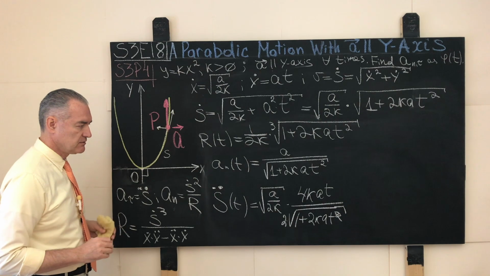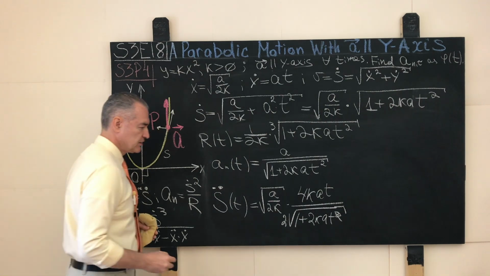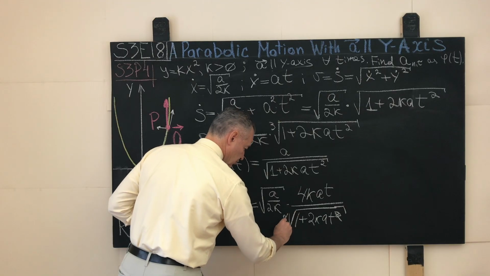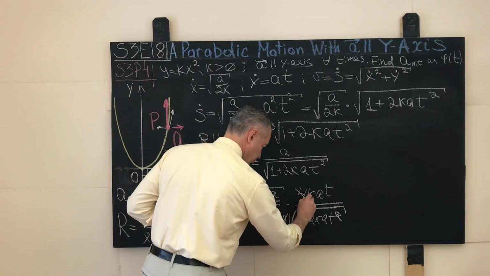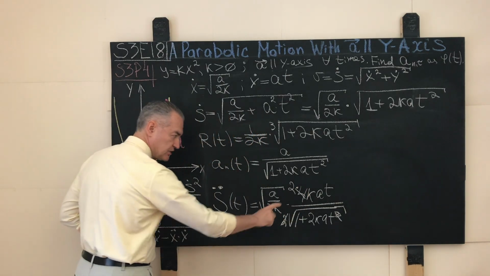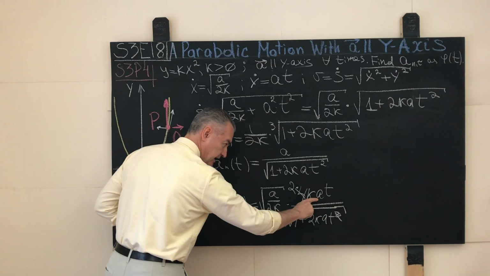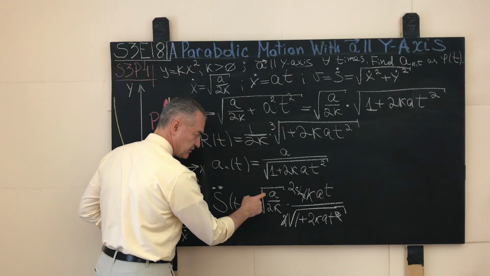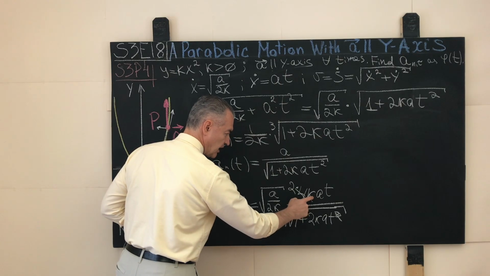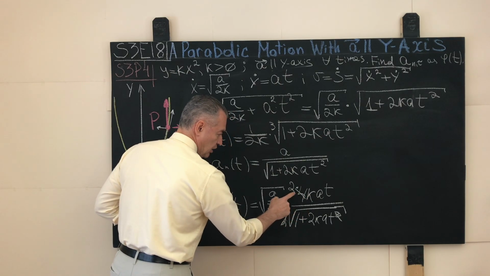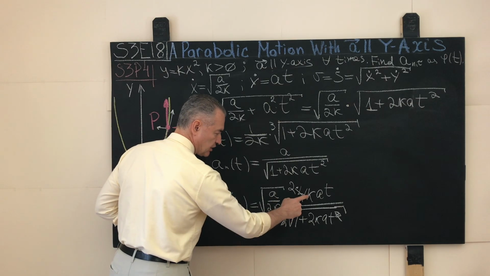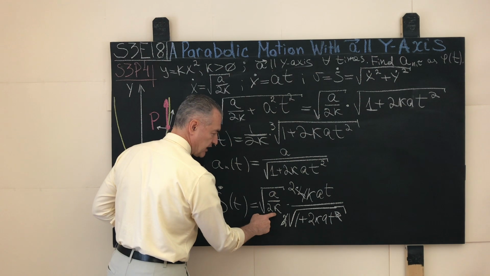Now we can brush it up a little bit, make it more digestible. Look at this, 2 in the denominator and 2 in the numerator cancel out. We have 2. And now we take 2k and a and bring it under the square root as 4k squared and a squared. 4 in the denominator and 2 in the numerator cancel out.